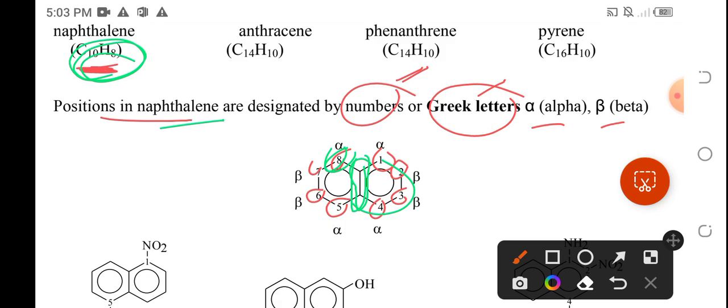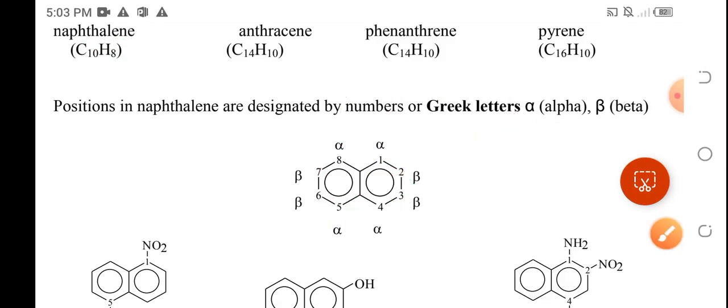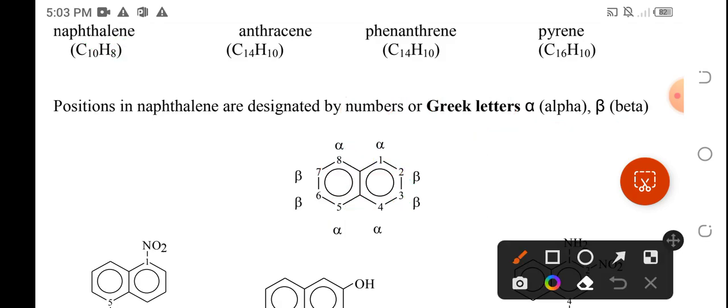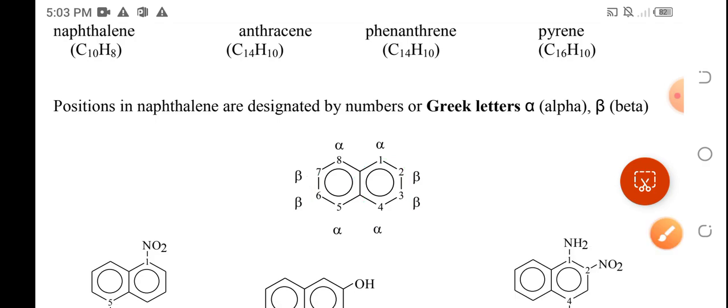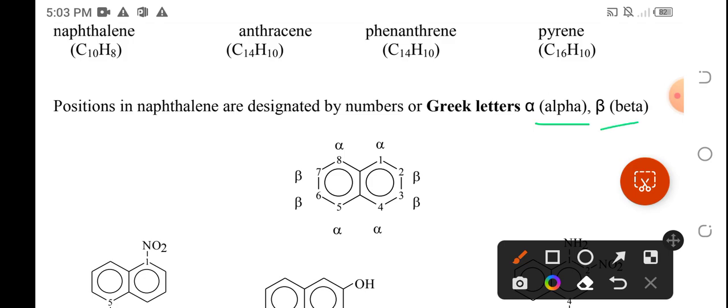Okay? So, as you could see, the numbering in the naphthalene is done clockwise. Nag-start siya dito sa second ring, going to the first ring, of course skipping the two carbon atoms that fuse together. Tapos, meron din tayong alpha and beta.